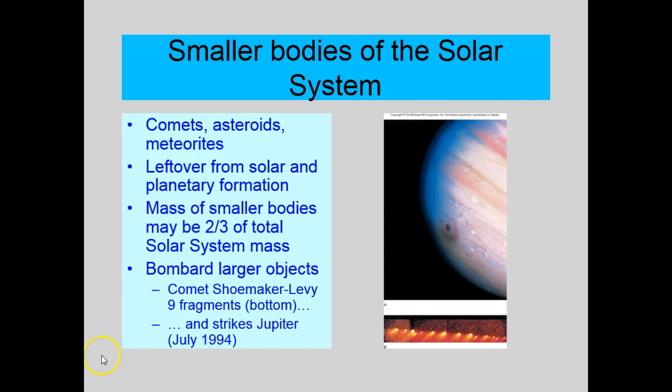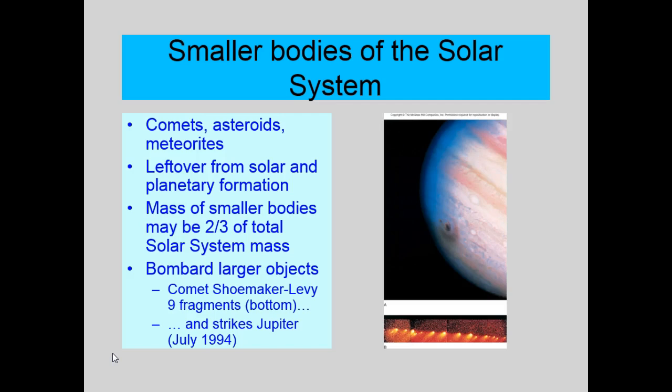I'll actually turn this on. All right. So we've talked about, not that much about the sun, but in general we talked about the sun's formation earlier in the first chapter. And then we talked about the planets and a little bit about their moons. So now we're going to do the smaller bodies of the solar system that's not part of those basic ones.